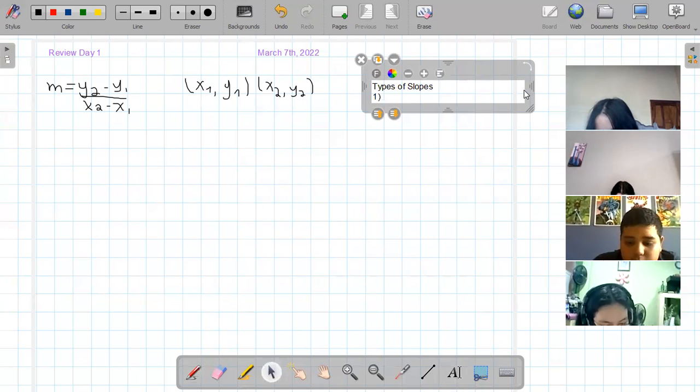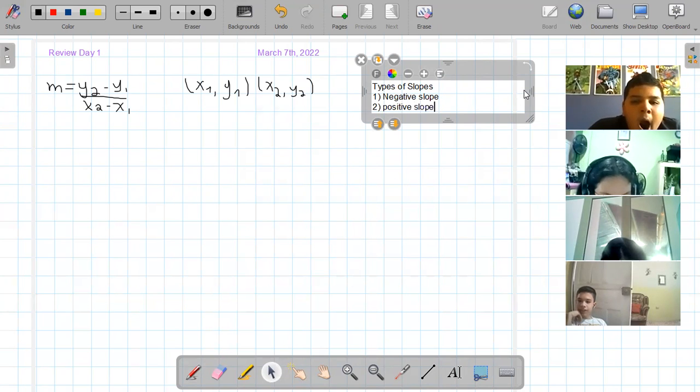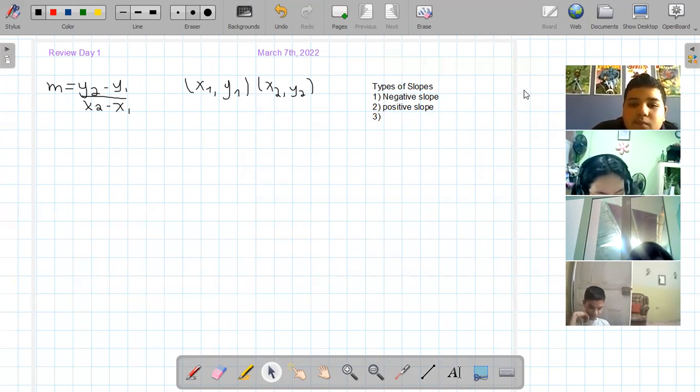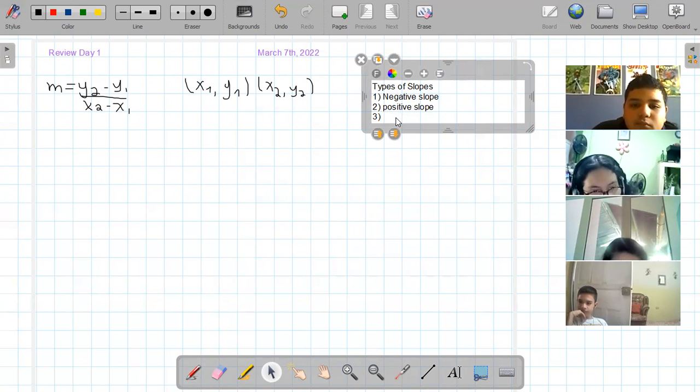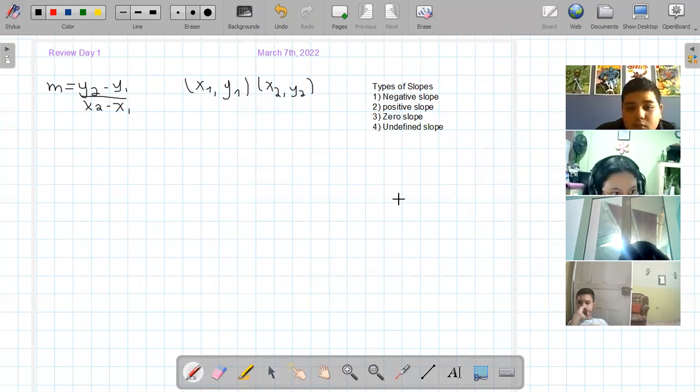Positive slope, negative slope, zero slope, undefined slope.